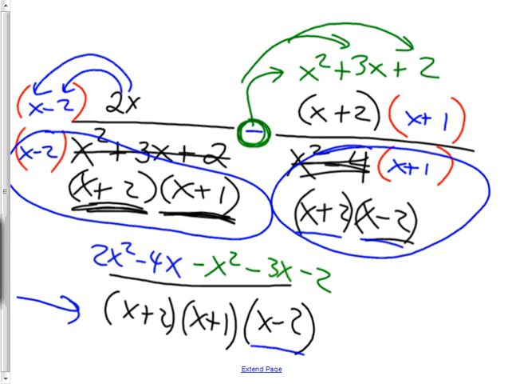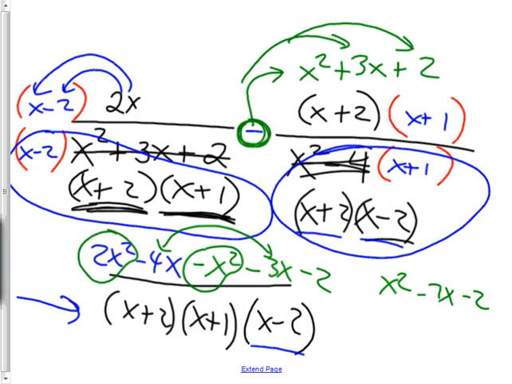Okay. Now let's finish the deal. 2x squared minus an x squared makes x squared. 4x and the 3x, they're both negative, make negative 7x. And the minus 2 at the end. Can that factor? Important to check.